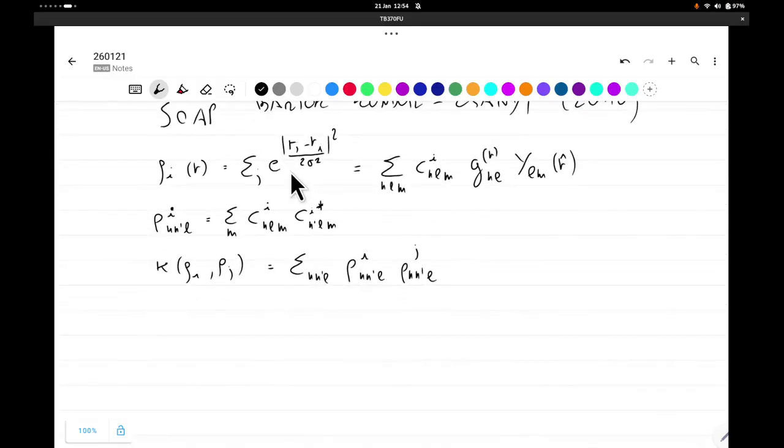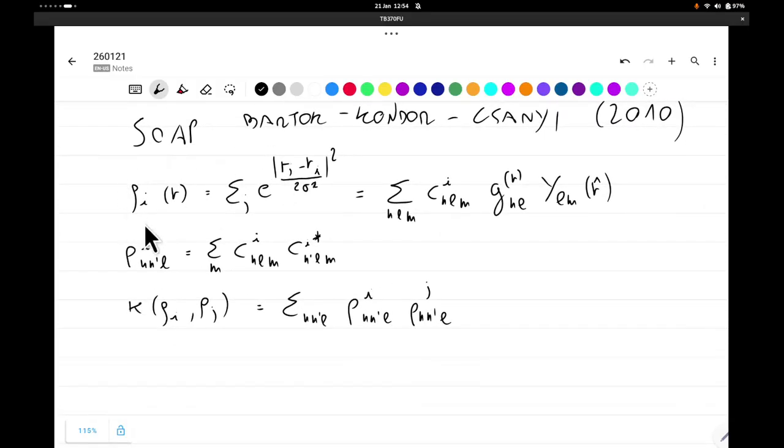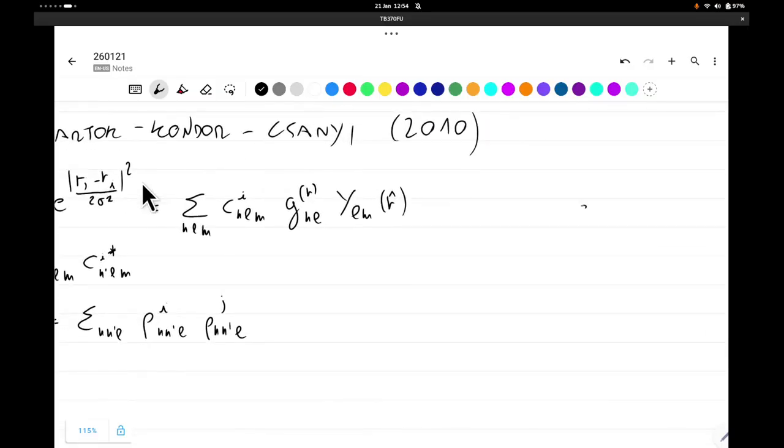So when they said, let's, for each atomic environment, I can define, so first of all I go from atoms to Gaussians.